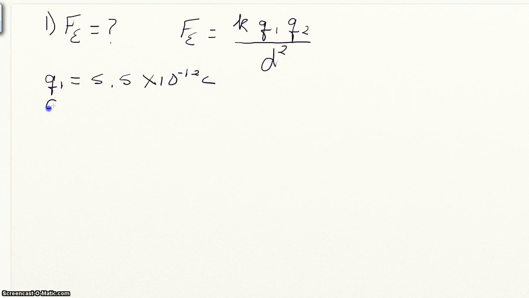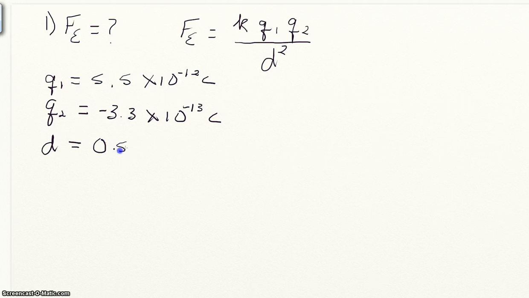And then Q2 is going to be equal to negative 3.3 times 10 to the negative 13th coulombs. And then it also gives me the distance. The distance was expressed as 0.5 millimeters.